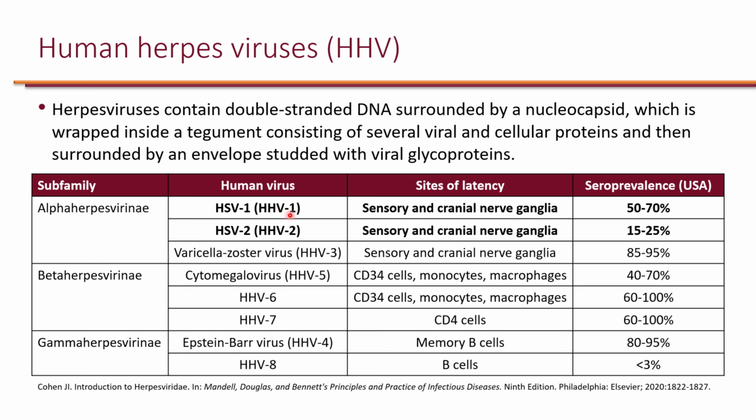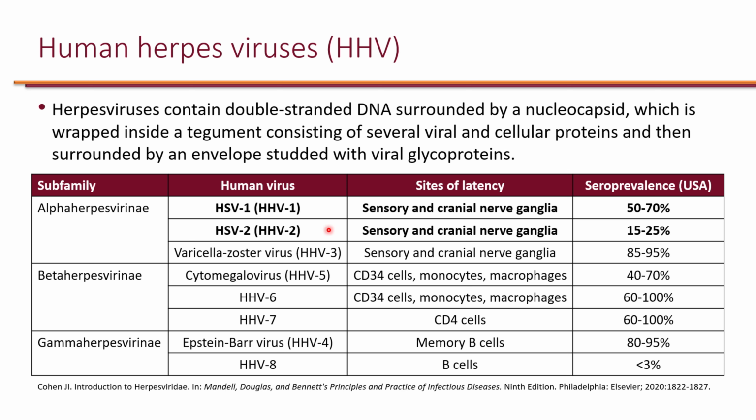So these are dubbed HHV 1, 2, 3, 4, 5, 6, 7, and 8. The first one, HHV1, is specifically herpes simplex virus 1, and along with HSV2, these are viruses that essentially lead to latency.